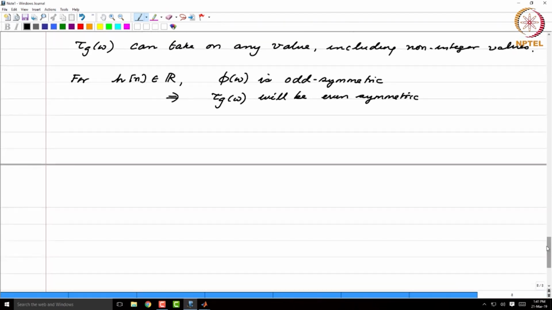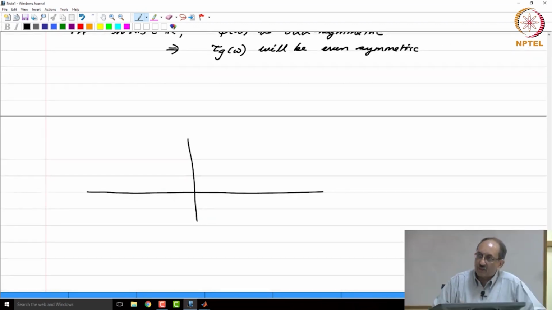The other thing that we have seen is if there is a 0 or pole close to the unit circle, then the phase response, when you go around the unit circle, when you cross a pole or a 0 that is near, the phase response will change very rapidly. Therefore, we have seen this kind of phase response, right.